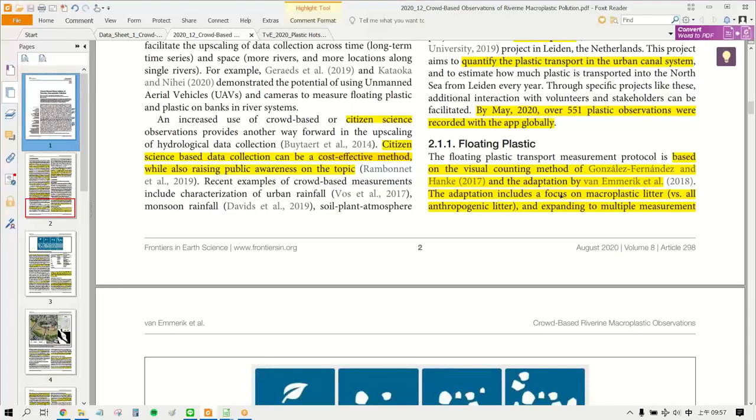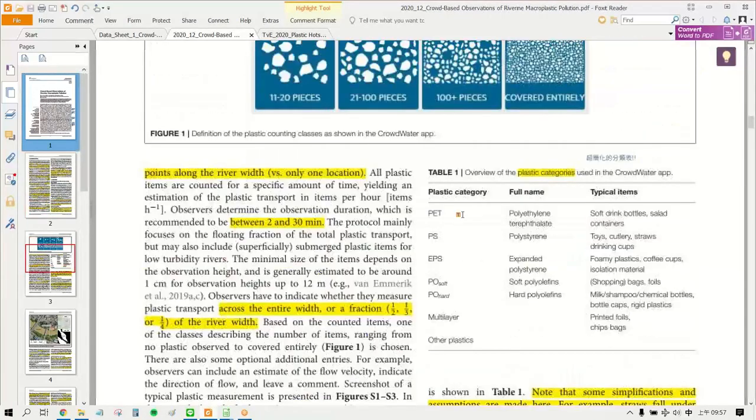They focus only on macroplastic versus all man-made litter, and expanded to multiple measurement points along the river width versus only one location, because the width of some rivers may be very big.